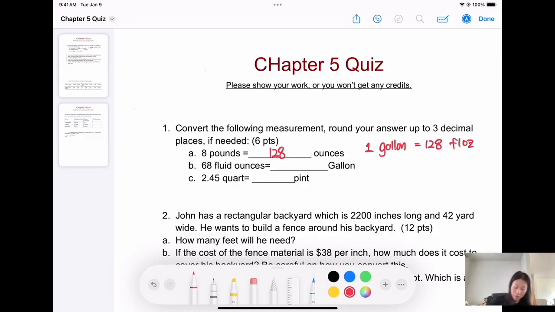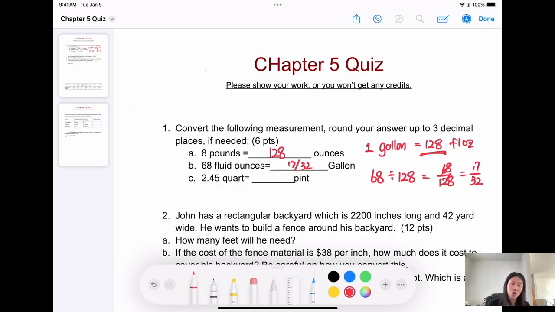Now it's using a small unit converting to the big unit, so we need to use division. What I want is 68 divided by 128, which you can write as a decimal or as a fraction. Simplified, it equals 17 over 32 gallon.